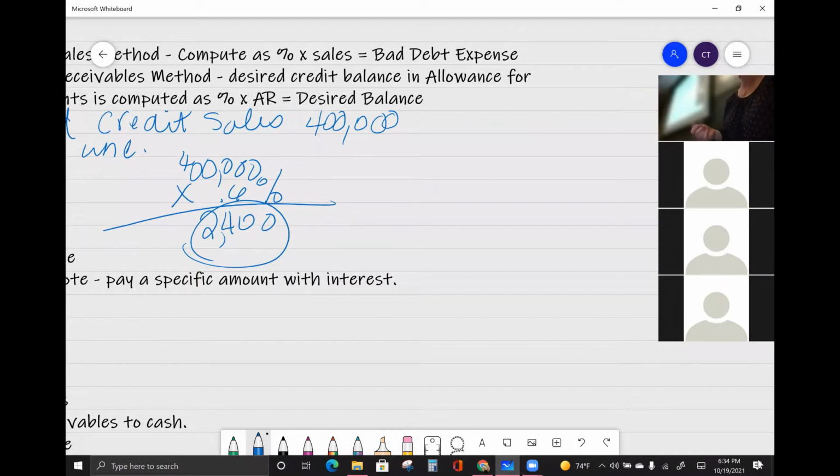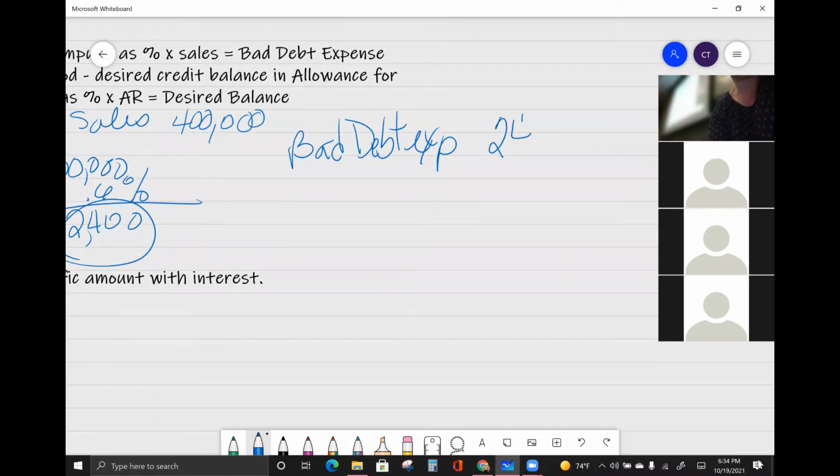So since I've determined what the amount is, I know now what my bad debt expense is going to be for the year. Bad debt expense, 2,400. And I'm setting up my allowance for doubtful accounts, 2,400.